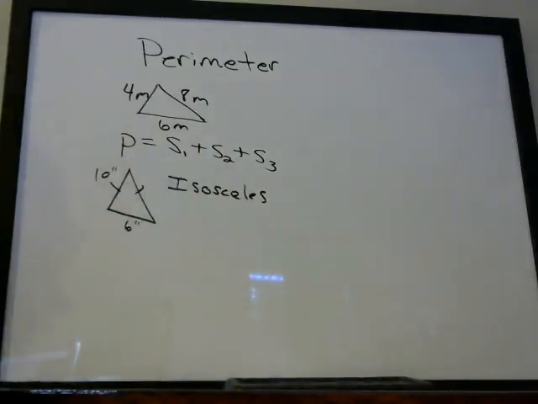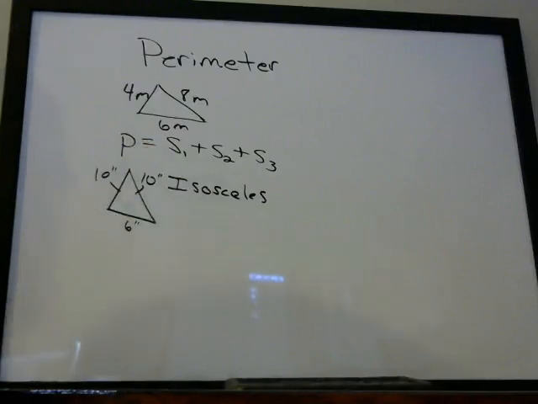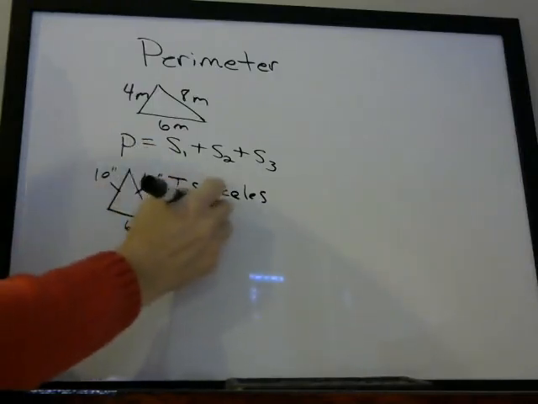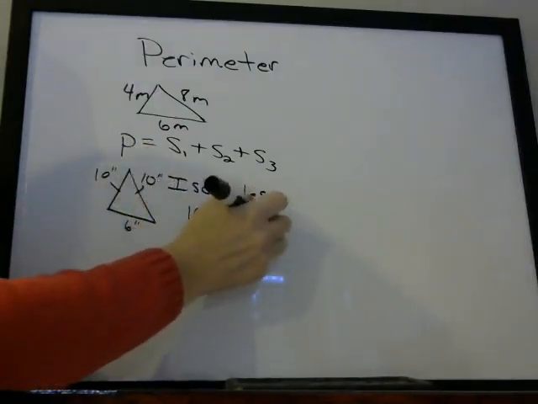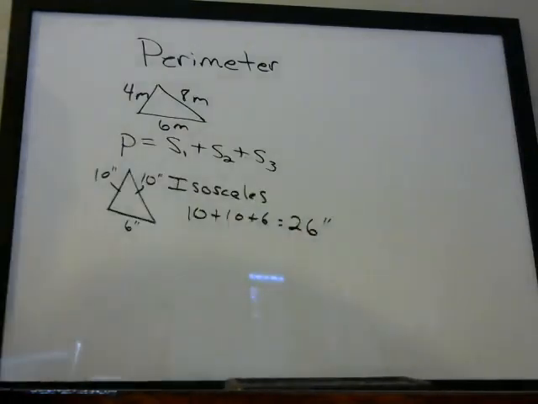What is the perimeter of this triangle? So you need to know what isosceles means. That's in the part 1 video of triangles posted on Facebook. So from that we know that this side is also 10 inches. So the perimeter is just 10 plus 10 plus 6 equals 26 inches.